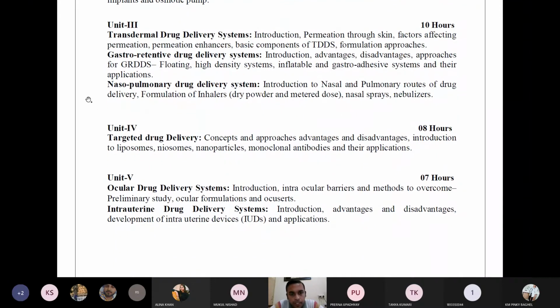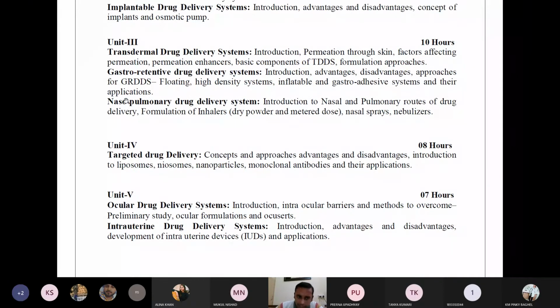Then nasopulmonary drug delivery system. Pulmonary is simply our lung and our respiratory associated areas. Naso means our nose. So we are going to give some drug molecule through the nasal route, which will be taken up by our pulmonary system, that means lung. You are giving something through the nose. Some drugs you are giving through the nose.